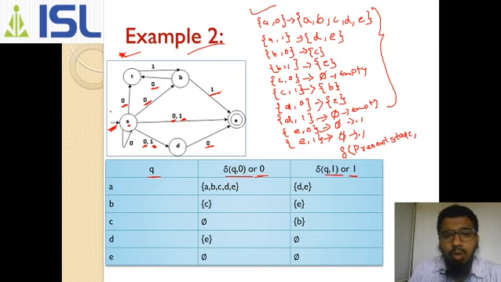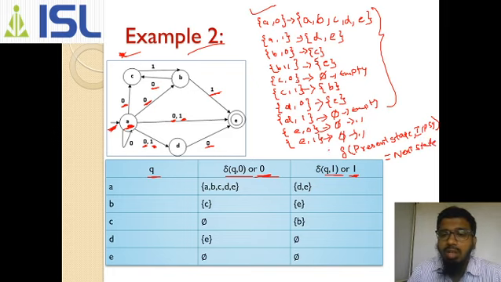Present state means whatever state we have here, like A, we are taking A. Input symbol is this one, 0 or 1.